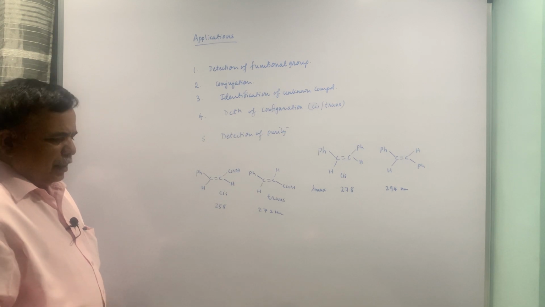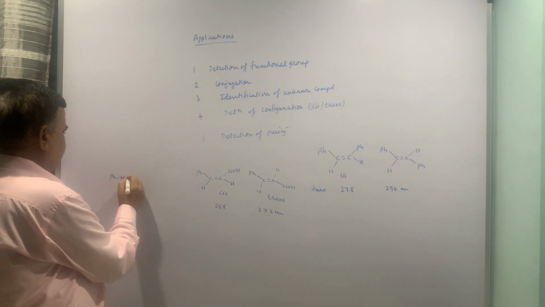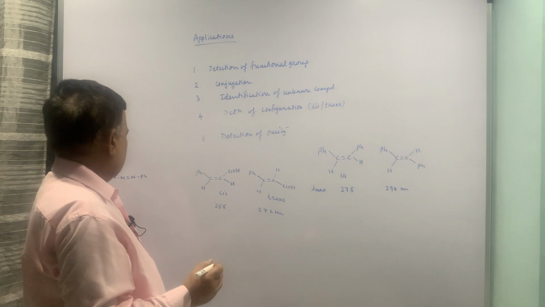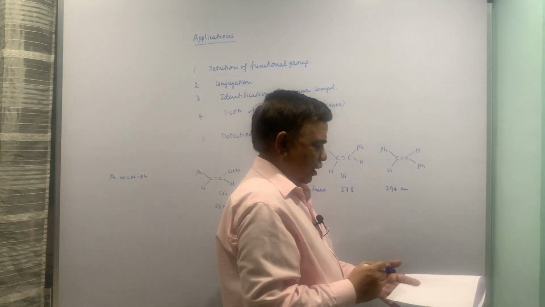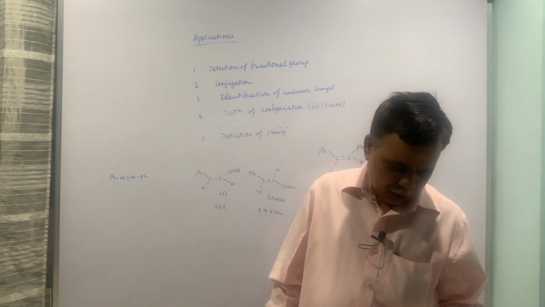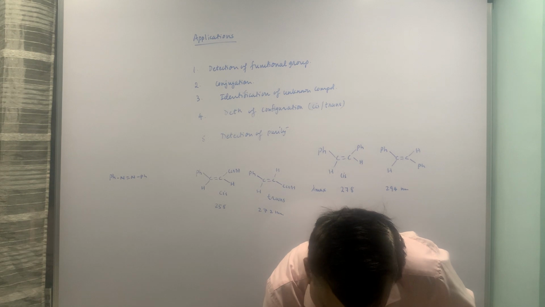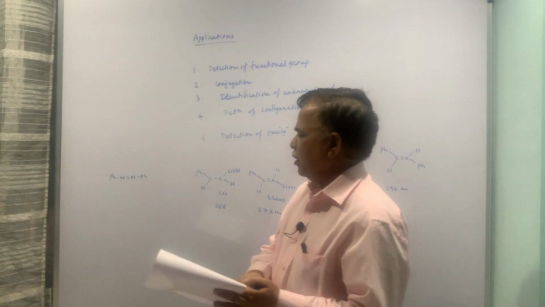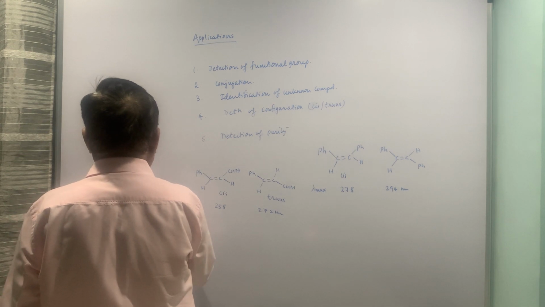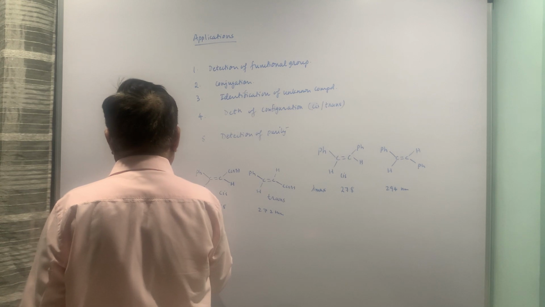The other example is azobenzene. So here also you can put the phenyl rings on one side or the other side. Accordingly there would be two isomers, one has got 285 and the other one is 319. This is for cis and this is for trans.